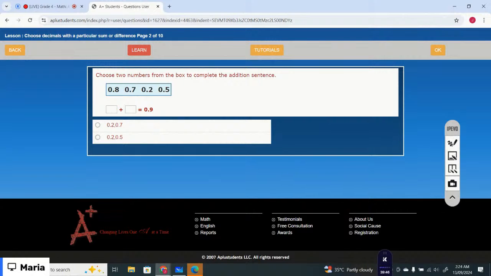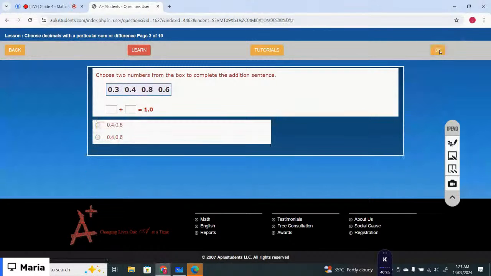Yes, that is 0.2 plus 0.7, right? 7 and 2 makes 9. So option number 1 is the correct option. That is 0.2 plus 0.7. The answer is 0.9. Option number 1 is the correct option.